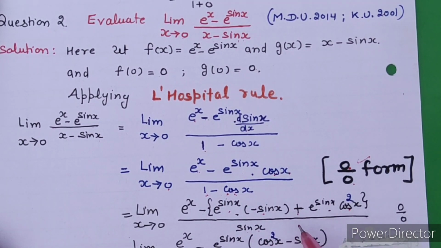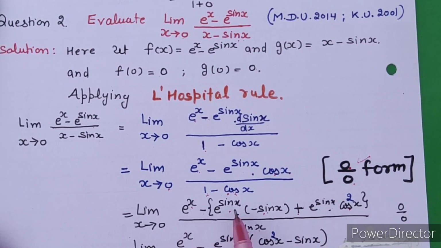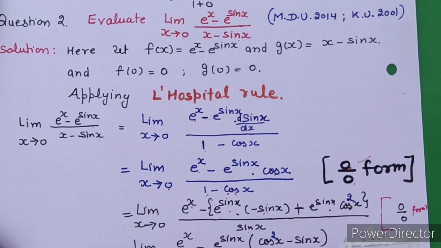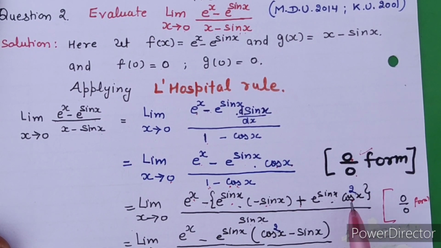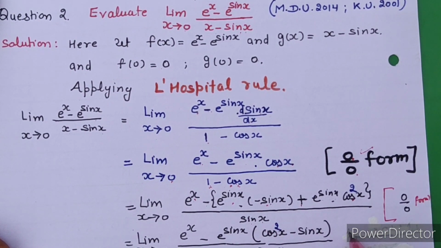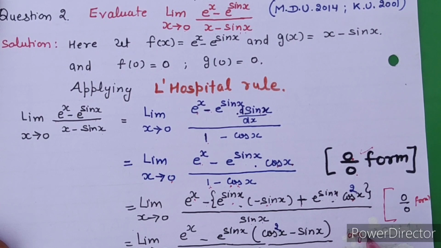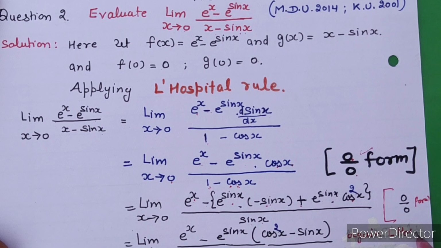Now I apply the limit again. This is 1, 0 and 1. 1 minus 1, again this is 0 by 0 form, because sin 0 is 0. Okay, so now again apply the L'Hopital rule.